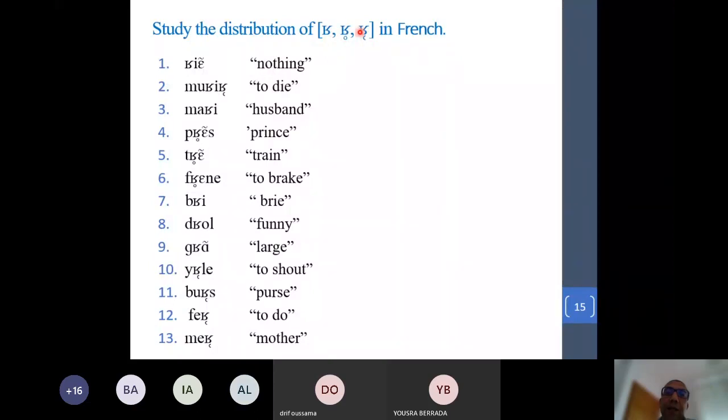This diacritic means that the sound is an approximant. A fricative and an approximant are two different manners of articulation. With the fricative, we have a creation of a narrow channel between the active articulator and the passive articulator.